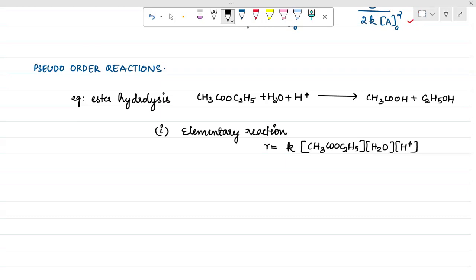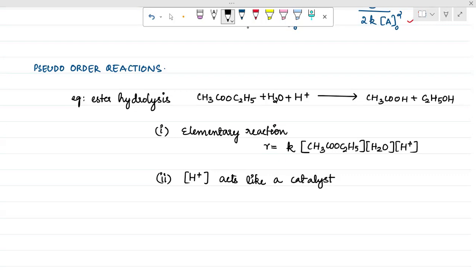Now consider that in this elementary reaction, the concentration of acid does not change. Or else you can say that H plus acts like a catalyst. You might have heard about acid catalyzed reactions, base catalyzed reactions, etc. If it is an acid catalyzed reaction, we do know that nothing happens to the catalyst. If you start with 10 units of catalyst, you will have 10 units of catalyst at the end as well.